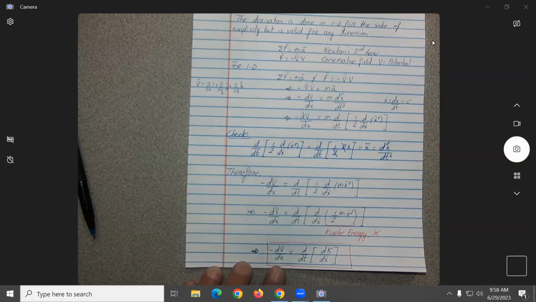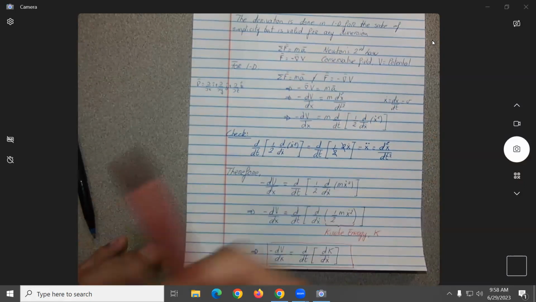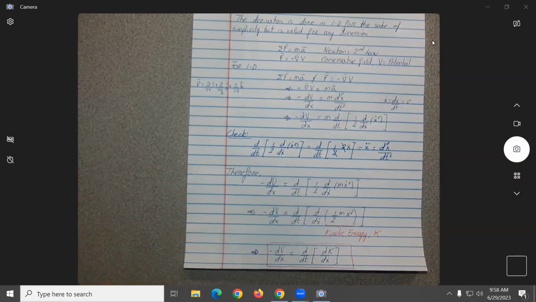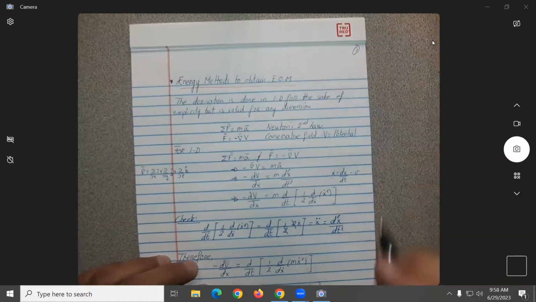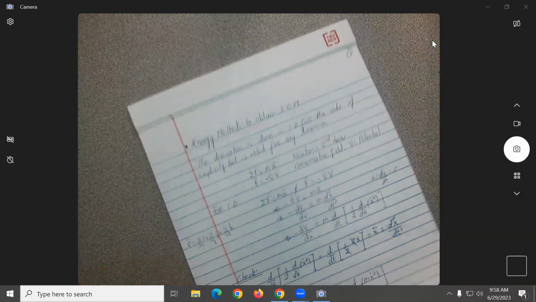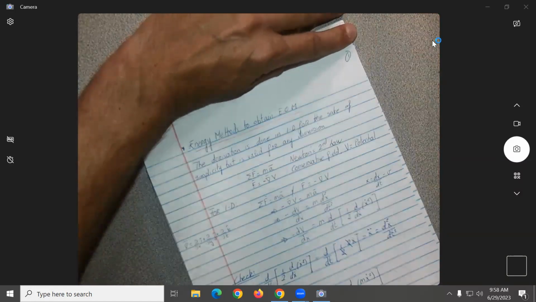Correct? So this could be another way to derive the equation. This is, I don't know the name, but let's say the energy method. We could use that equation. But now I'm going to give you a different form. It's the same thing. You can decide which one to use. I like this one more, but the other one is more academic.